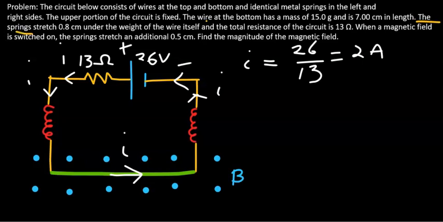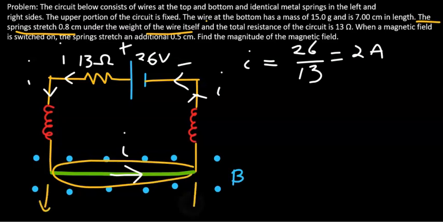Now let's concentrate on the point. The springs stretch 0.8 cm under the weight of the wire itself. So before you switch on the magnetic field, this wire would cause the springs to stretch 0.8 cm. That information would enable us to determine the spring constants of these two springs. They are identical. So let's apply the free body diagram on one of the springs.